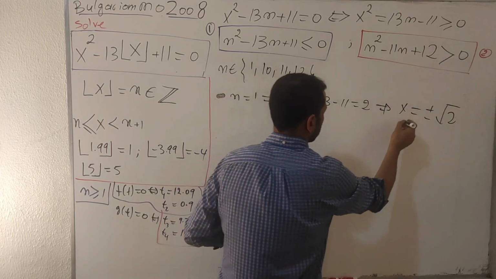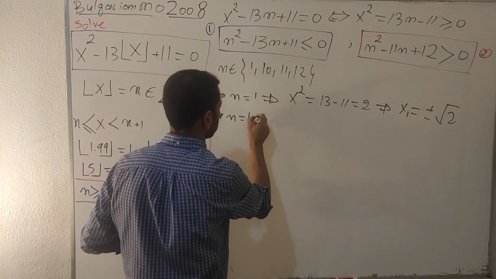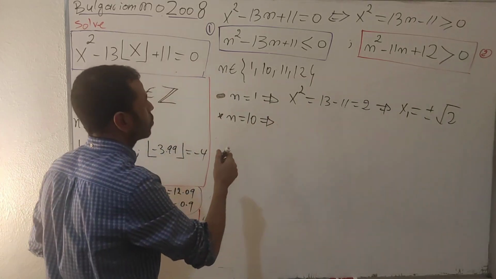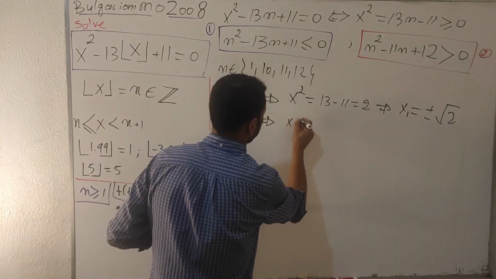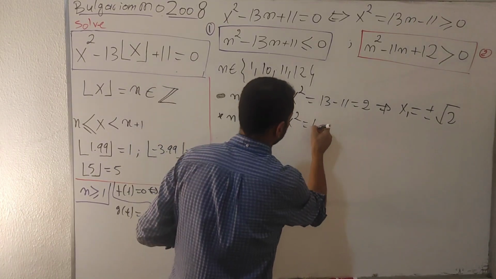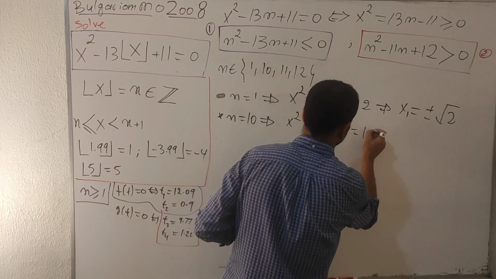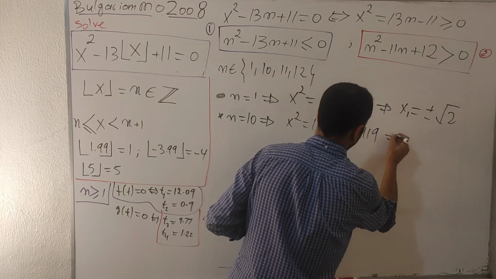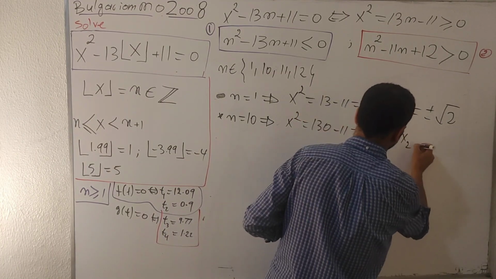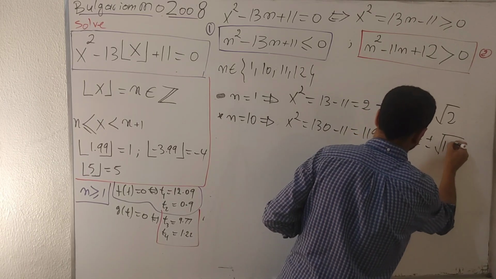Let's call it solution number 1. If n equals 10, I get x squared equals 13 multiplied by 10, which is 130. 130 minus 11 is 119. Also, I get 2 solutions: x equals plus or minus square root of 119.